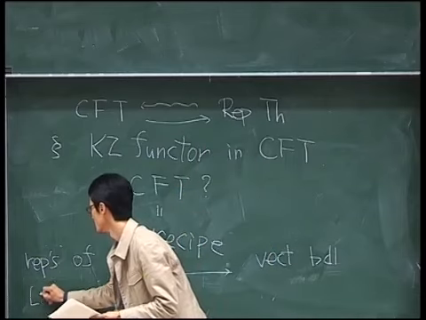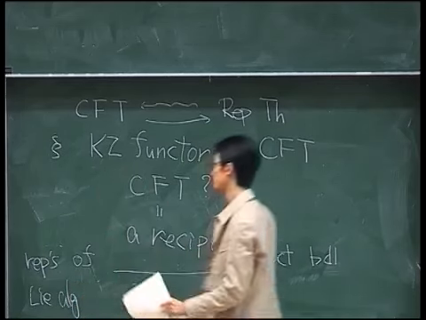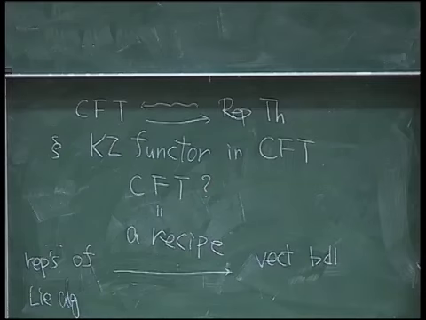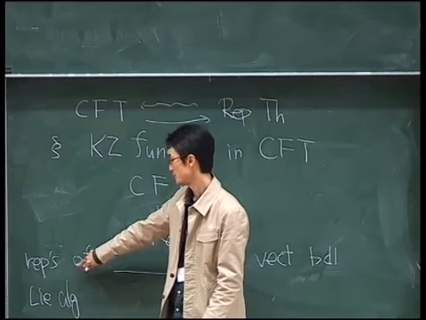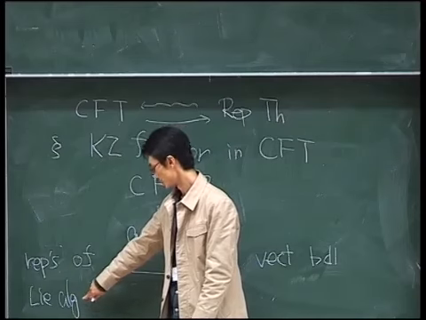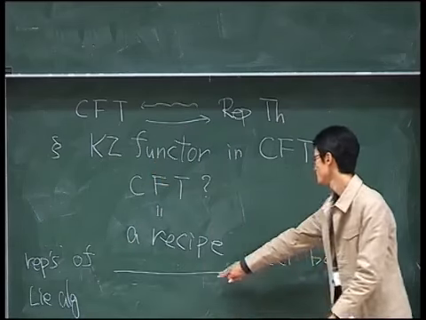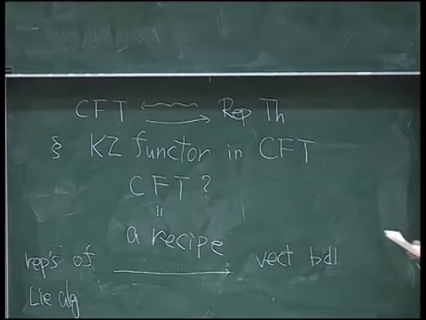In my talk, the representations of Lie algebras. So you input several representations of an affine Lie algebra. Then the recipe gives you some vector bundle on some configuration space.